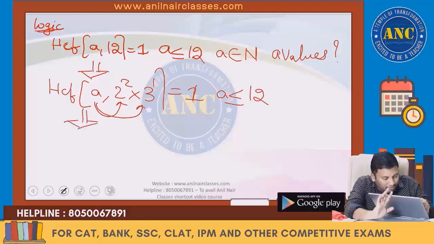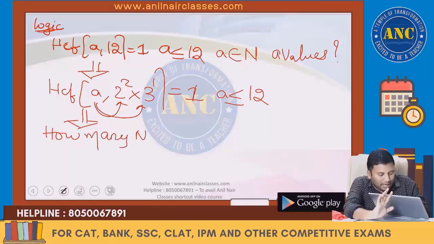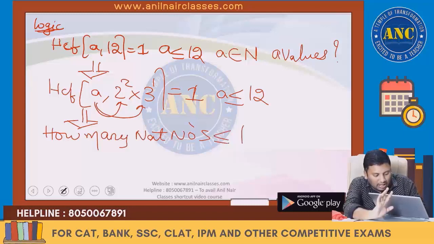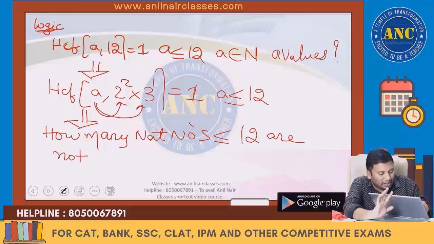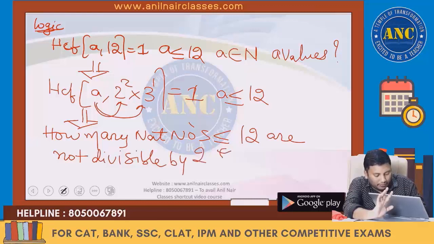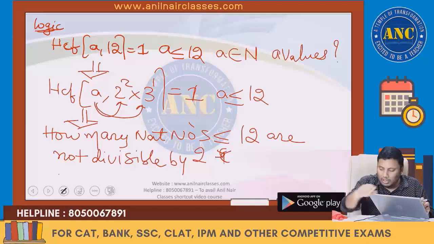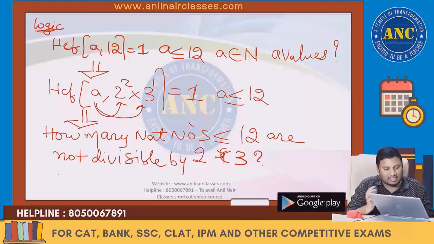That means this can be boiled down to: how many natural numbers less than or equivalent to 12 are not divisible by 2 and 3?